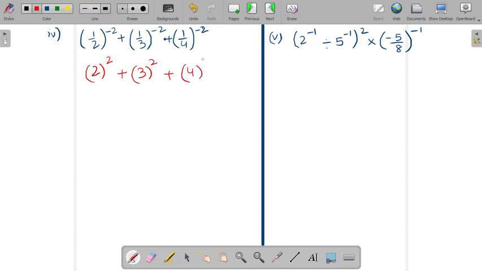So here also it will become positive power. Now 2 power 2 means 4, 2 multiply 2. 3 power 2 means 3 two times, 3 multiply 3, 9, and 4 multiply 4 would be 16. So solve it further to get its answer as 29.